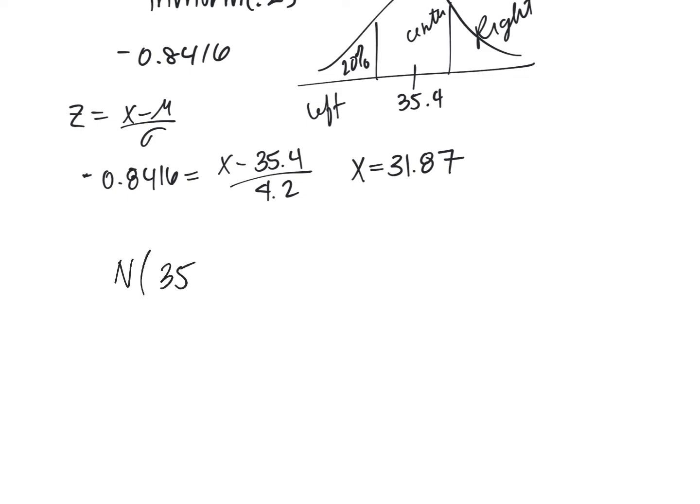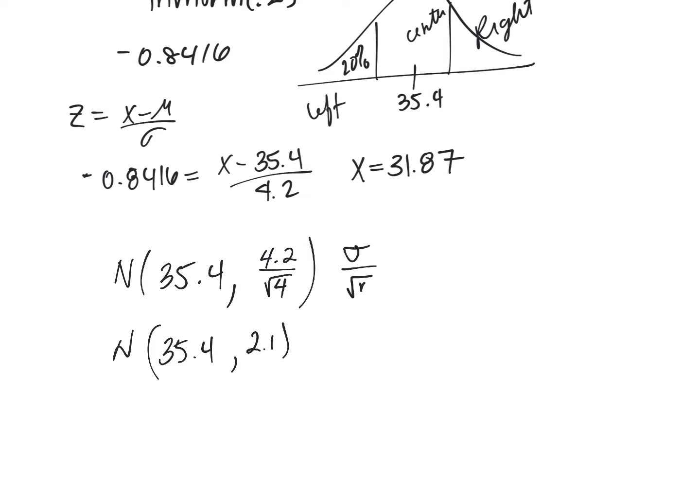My mean is still 35.4, but what's my new standard deviation if I'm talking about a 4-year average? Yeah, sigma over square root 4. So 4.2 over square root 4, which would be 2.1. Once you have a sample size, you have to use sigma over square root n for the standard deviation.